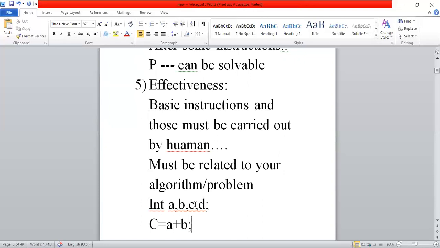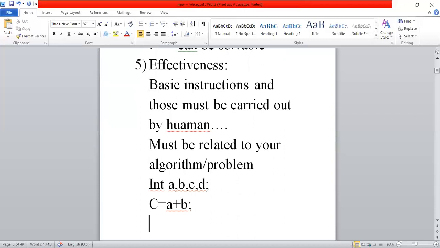Unnecessarily we declared D. Not only this, some statements may be unnecessarily included. Suppose the aim is adding two numbers, but you also included D equal to A minus B. What is the use of this statement? Our target is adding two numbers, but unnecessarily we are including subtraction as well. This is not required here. My intention is that, whatever problem is given to you, you have to include only instructions related to your problem, program or algorithm.